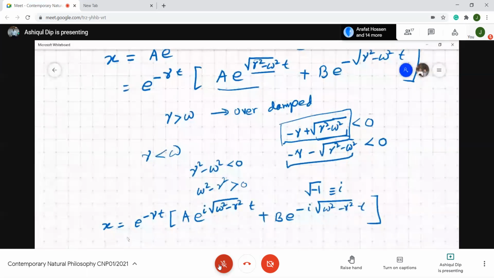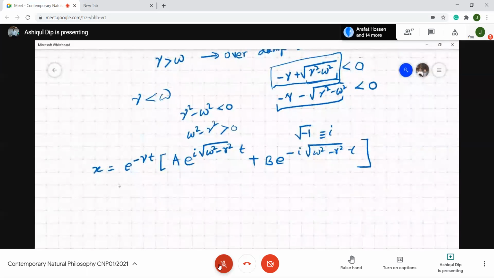And we all know that these two terms can be combined as x is real. So if x is real, then if you take x star, that means if you complex conjugate it, the result has to be equal to x as well, right? So if you take x star, what do you get?